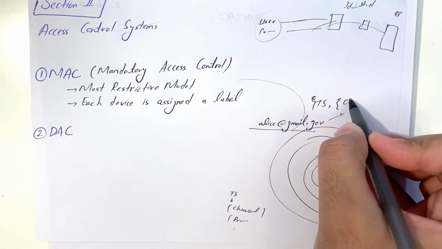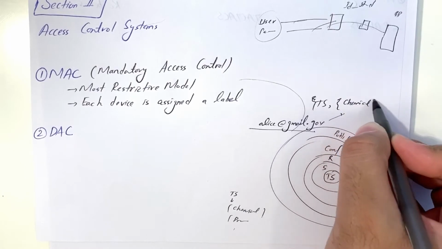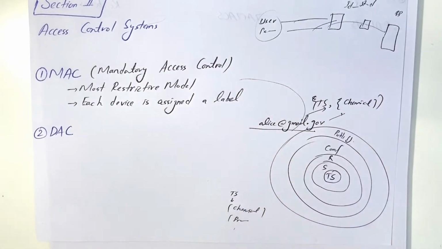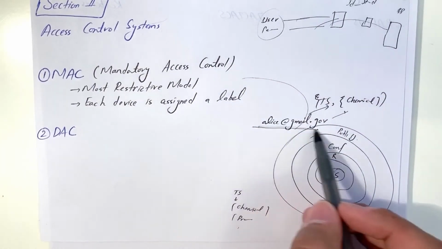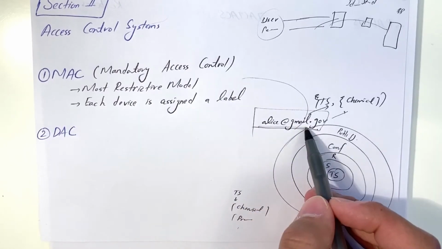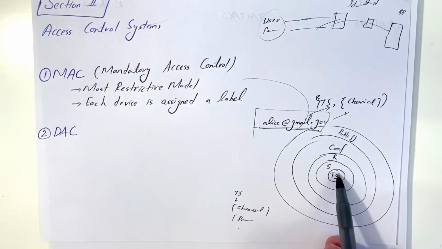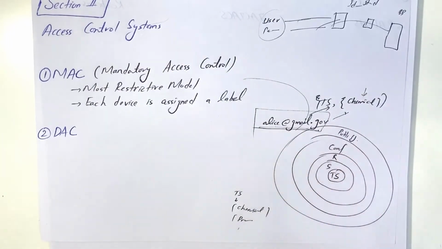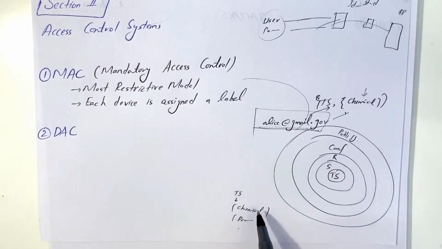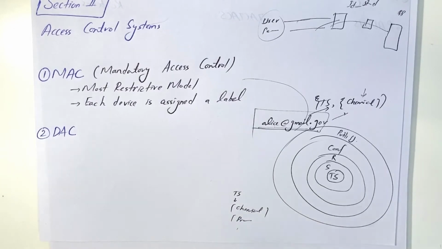Let's say the compartment is chemical. If she has that label on her account, when she logs into the system, she can access top secret information. Within top secret, she can only access chemical weapons. She cannot access other top secret information.